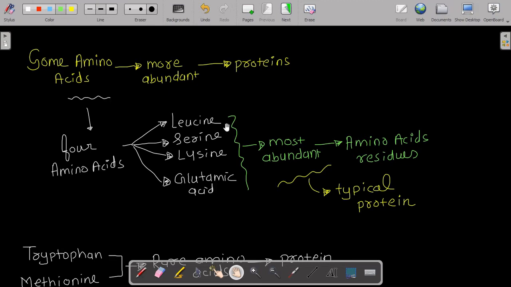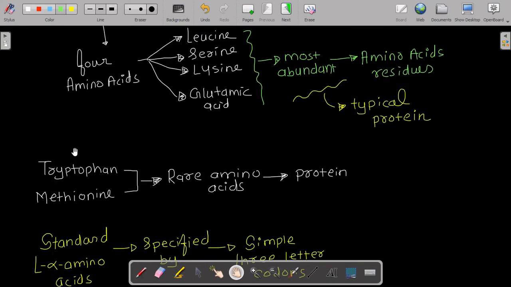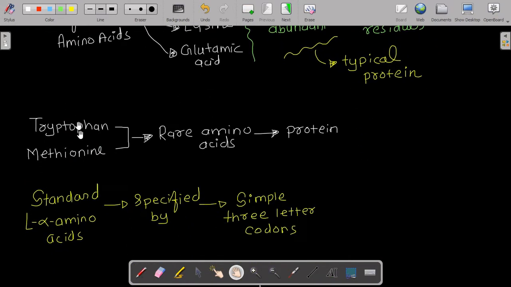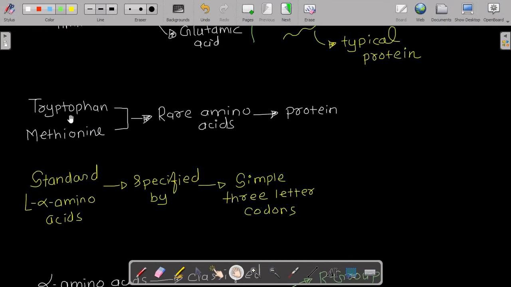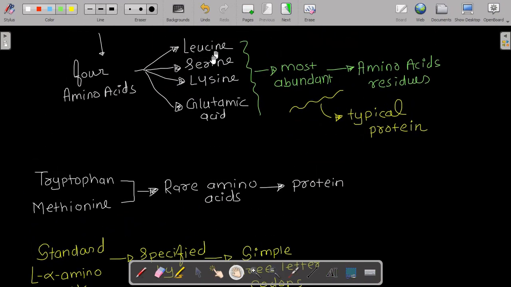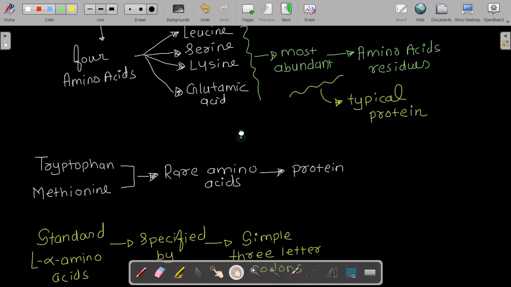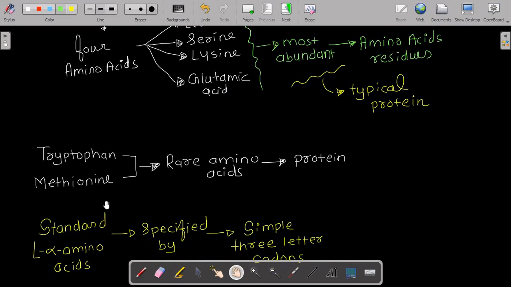And tryptophan and methionine are the rare amino acids found in protein.